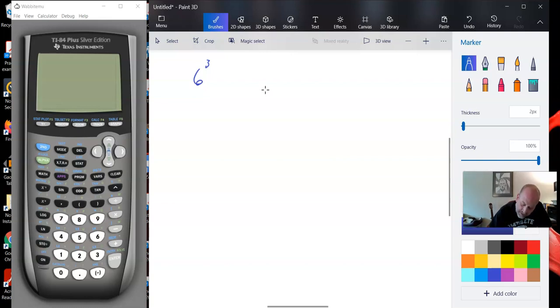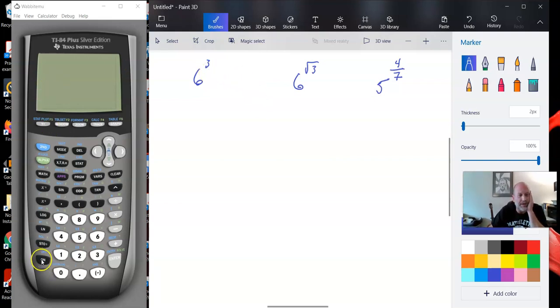And then let's try 6 to the square root of 3, and then something like 5 to the 4/7 power. So I want to plug each one of these into the calculator. And as long as we can do this, we should be good for anything we need to do in this section.